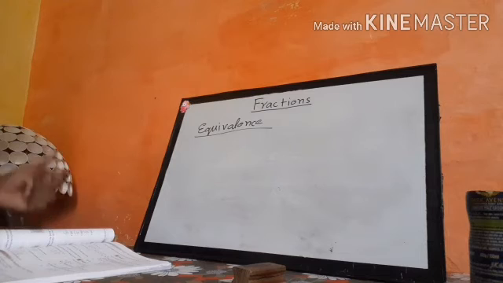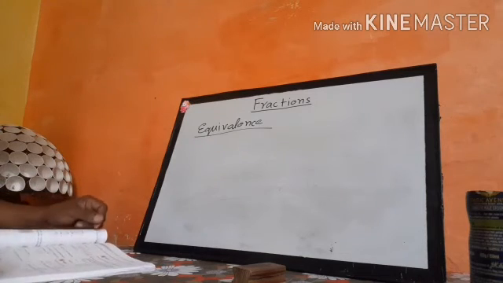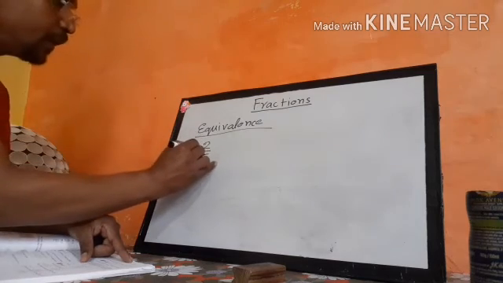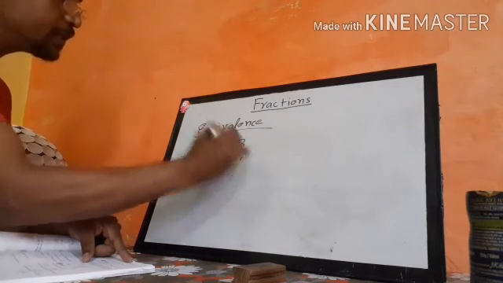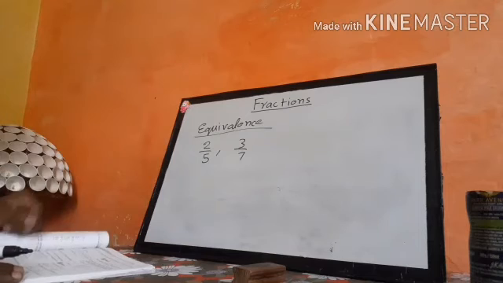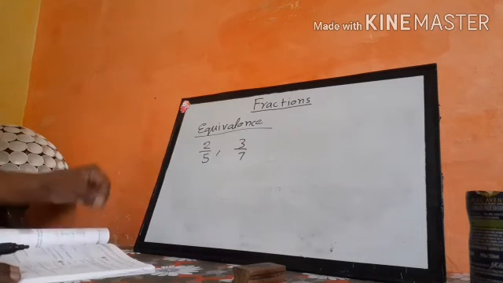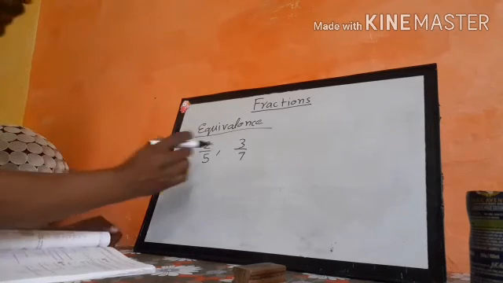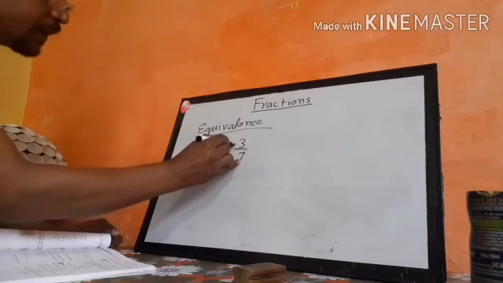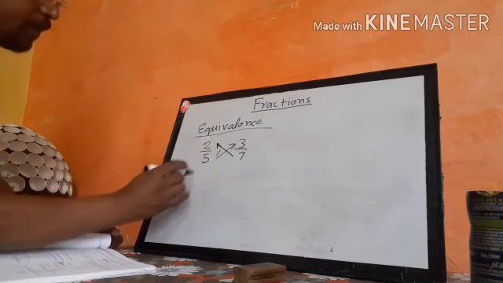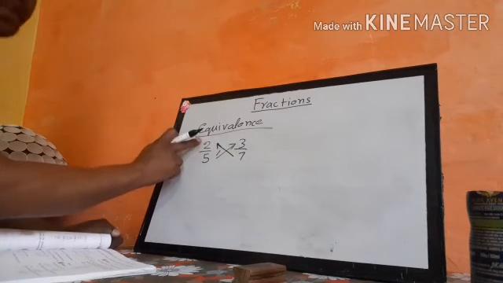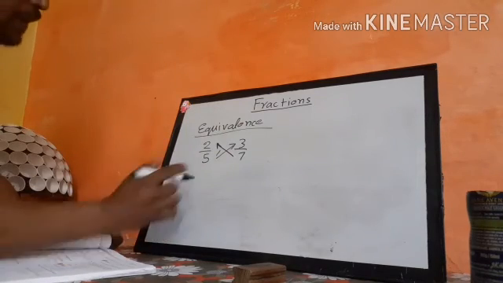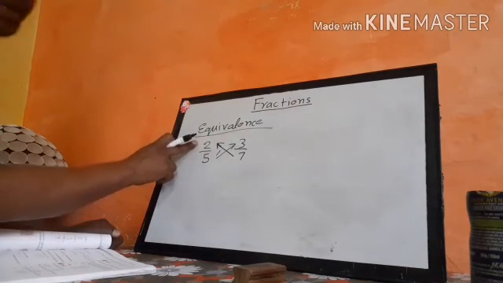Suppose with the example I am telling you, suppose that I have the fractions 2 upon 5 and 3 upon 7, and I want to know whether they are equal, or which one is greater and which one is smaller. So we will perform a cross multiplication, means this denominator with this numerator and this denominator with this. Always keep in your mind the arrow should be upward.